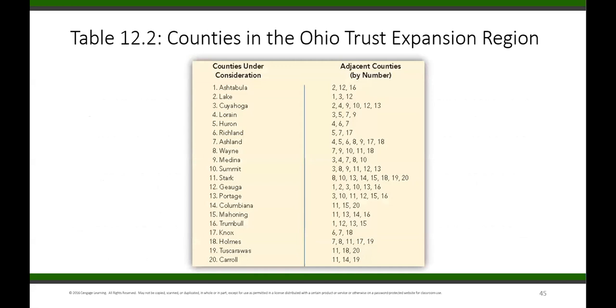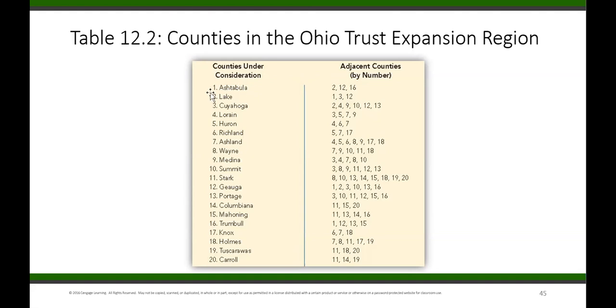Here we have the list of all the 20 counties, and for each county we know exactly what the adjacent counties are, the neighbor counties where a PPB can cover that county as well.